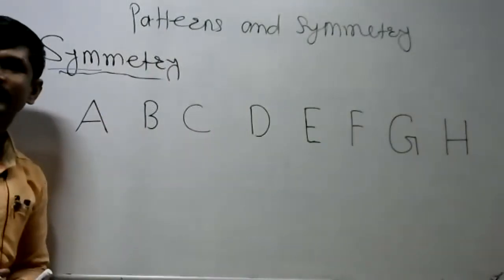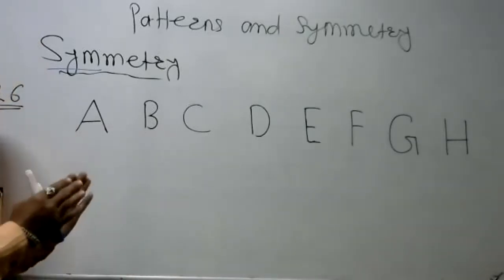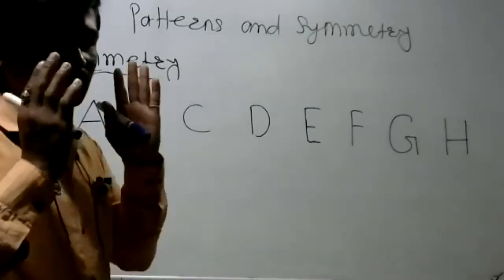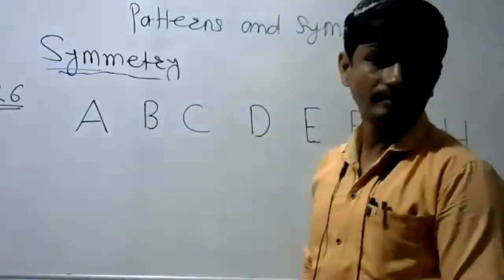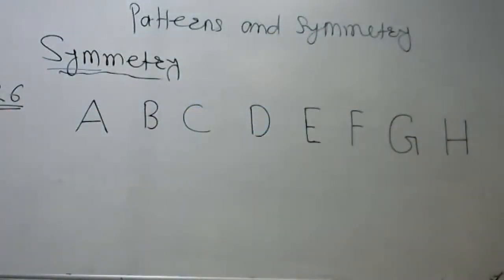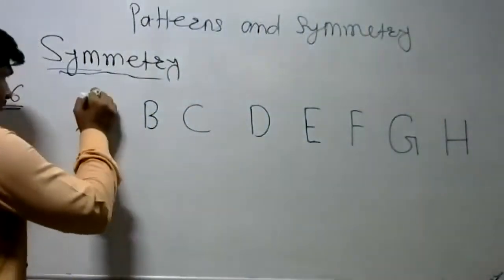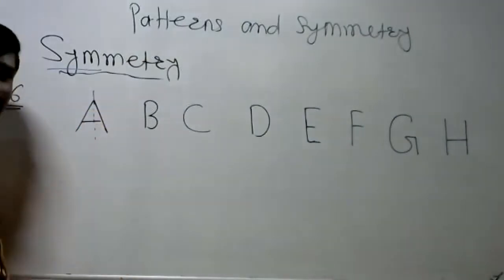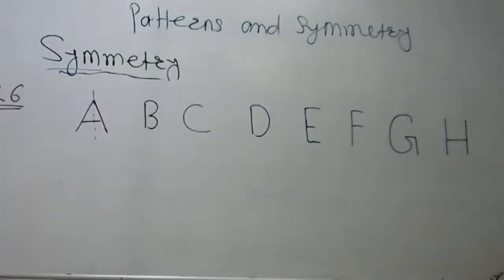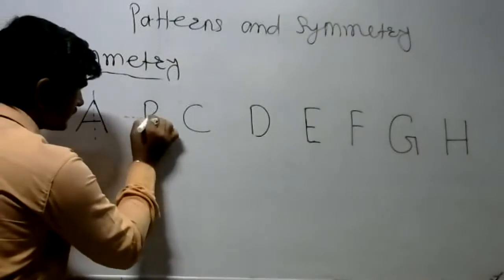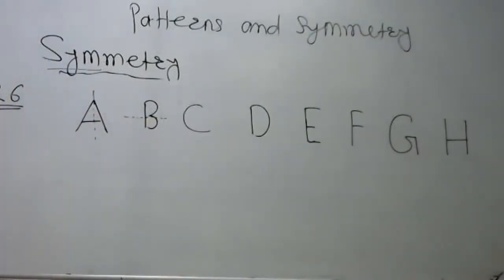Now I want to draw a line of symmetry in between. Can you identify? See, A. Yes. Got. B. Vertically.